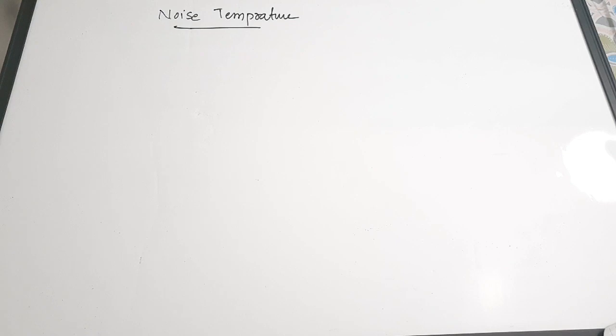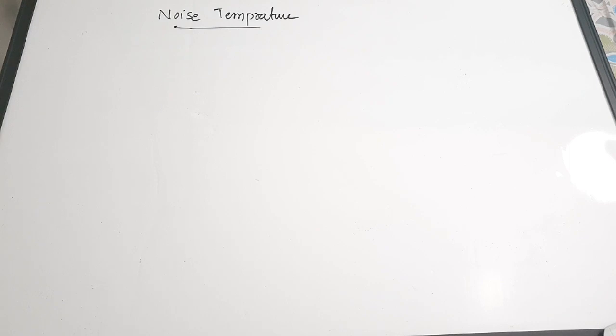So the concept of noise temperature is based on the available noise power equation, which is Pn equal to K T0 Bn. Now consider that an antenna is pointed directly to the sun or to the atmosphere or to the sky. The received noise power is large and the corresponding equivalent noise temperature is well above the ambient temperature of the antenna, and that temperature we'll call the noise temperature.